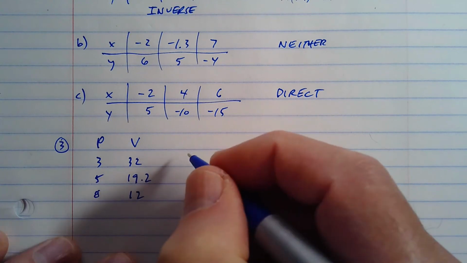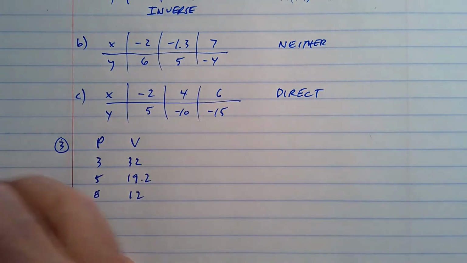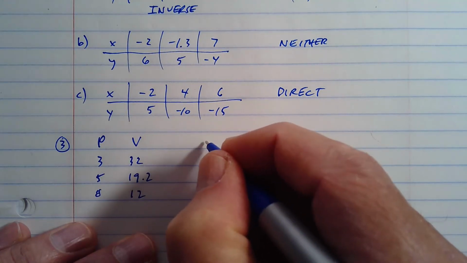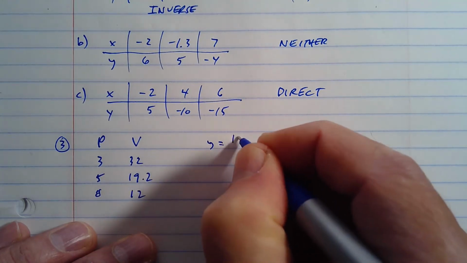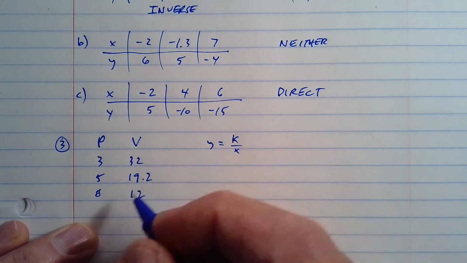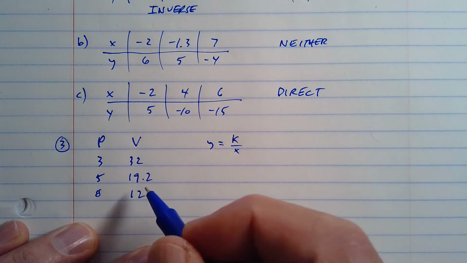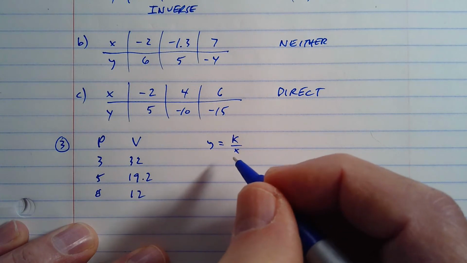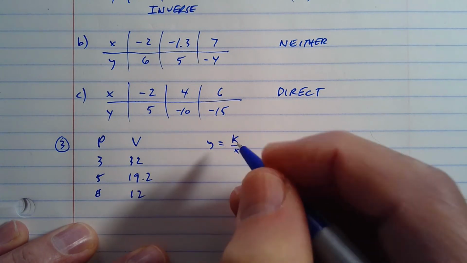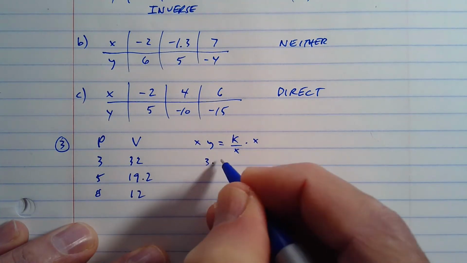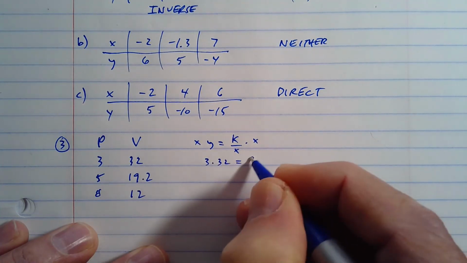And so since they tell us ahead of time it's inverse, basically what we need to do is figure out what our k is. So we know y equals k over x for inverse variations. And so in this case, which one is the independent, which one's the dependent? The p here is the x, that's the independent. So when we multiply both sides, we get 3 times 32, giving us the k of 96.